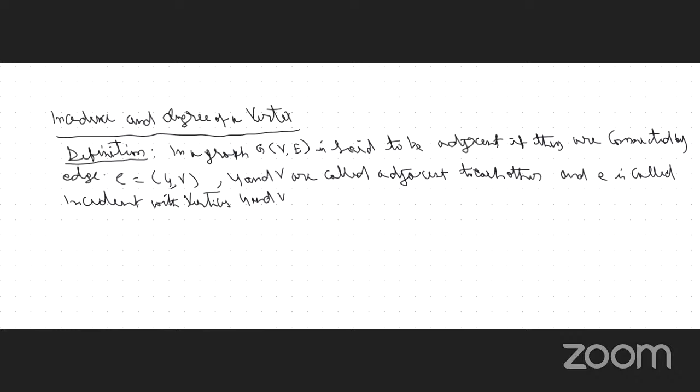So two non-parallel edges are said to be adjacent if they are incident on a common vertex. Definition.